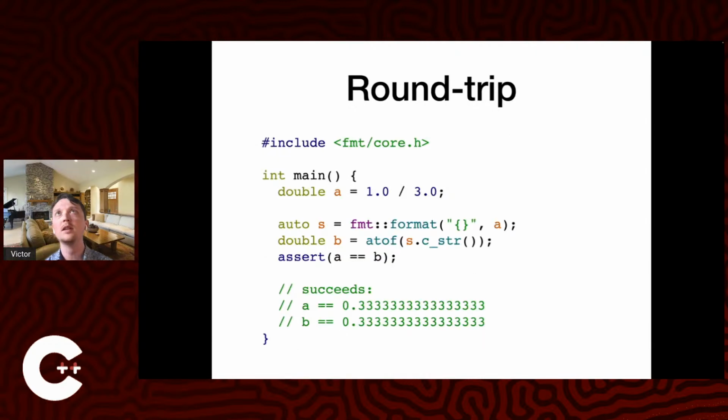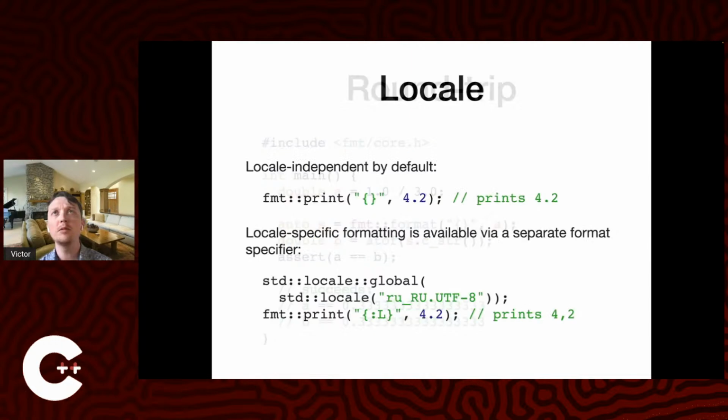Here is a round trip example. We have the number 1/3. We format it, get a string, read it back, and we get the same number. Nice, easy. This is the default, I should point out. Formatting is locale independent, as I mentioned, by default. If you want locale specific formatting, you have to pass the L specifier.